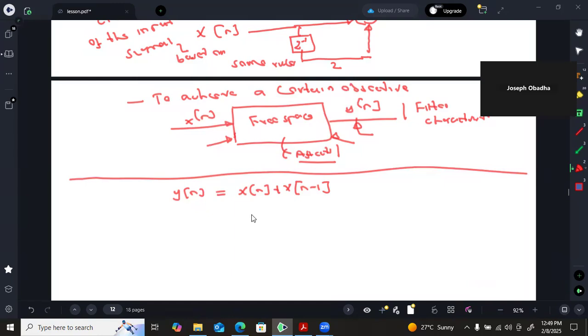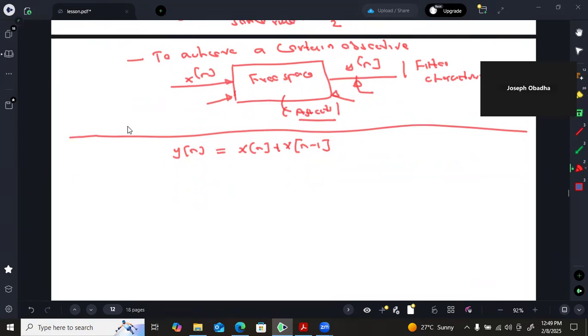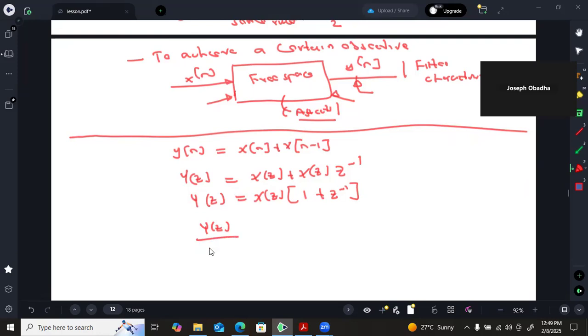If we were to get the z transform on both sides, then I would have y of z equal to x of z plus x of z times z raised to the minus 1, where I have x of z into 1 plus z minus 1 equal to y of z. What the transfer function would be, y of z over x of z, equal to 1 plus z minus 1.